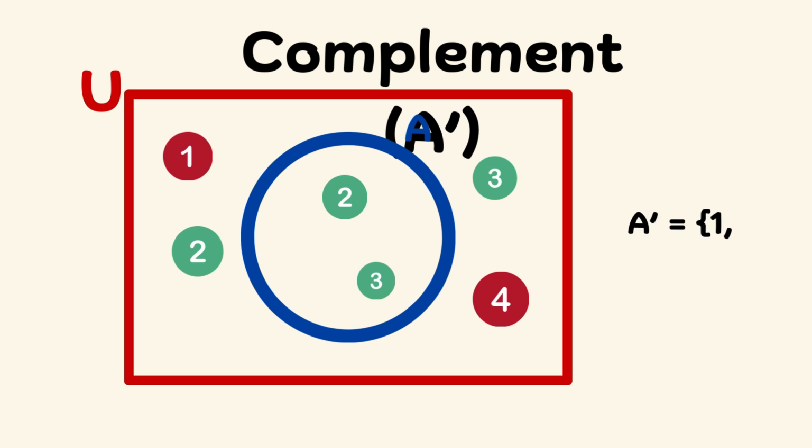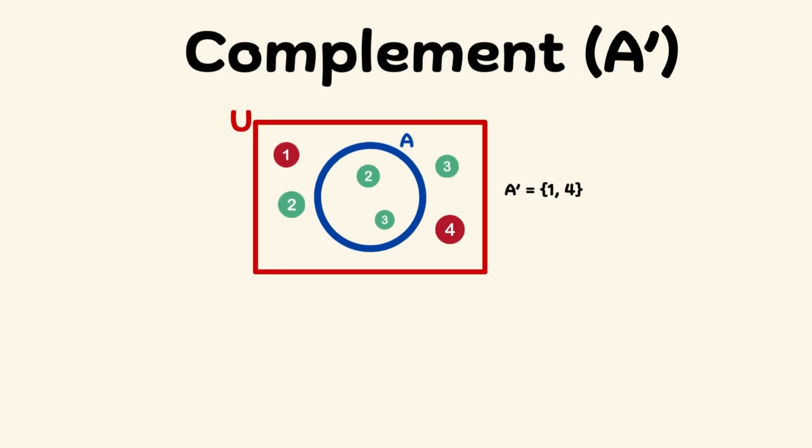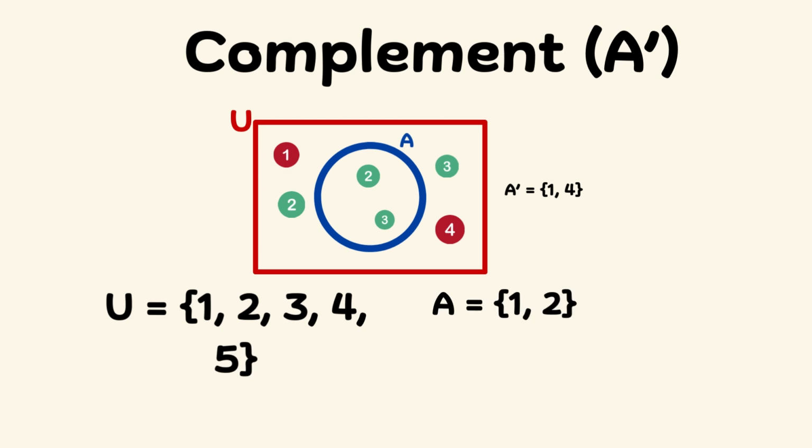So basically, this means elements that are in the universal set but that are not in A. So if we have the universal set U, which is equal to 1, 2, 3, 4, and 5, and then we have another set A which is 1 and 2, the complement of this set A will be equal to 3, 4, and 5. This is because these are all the elements that are present in the universal set that are not present in A.